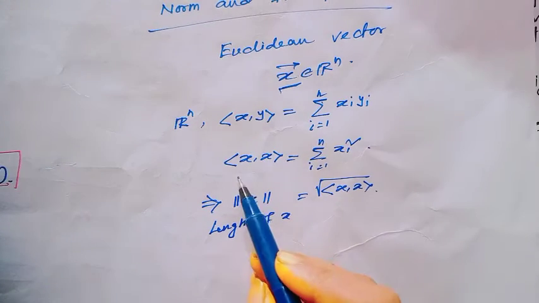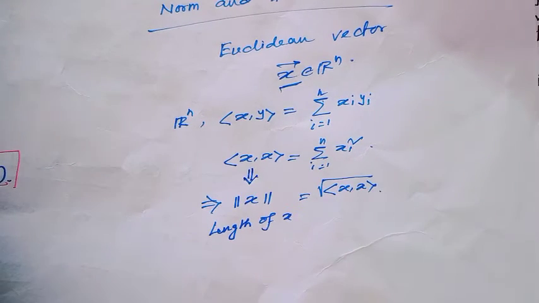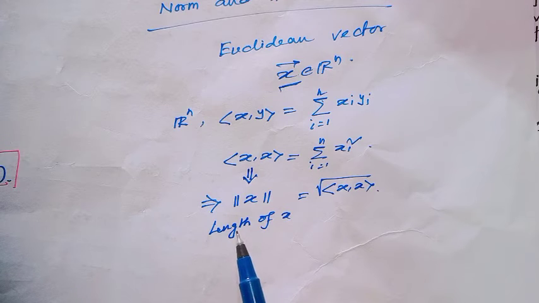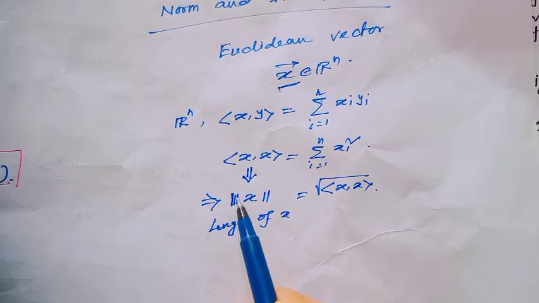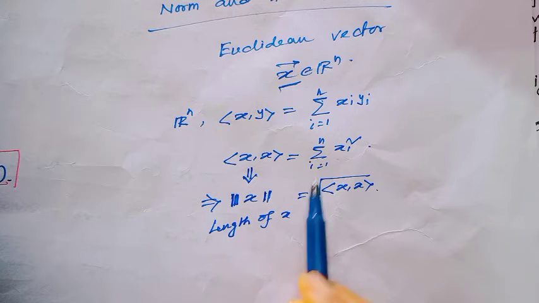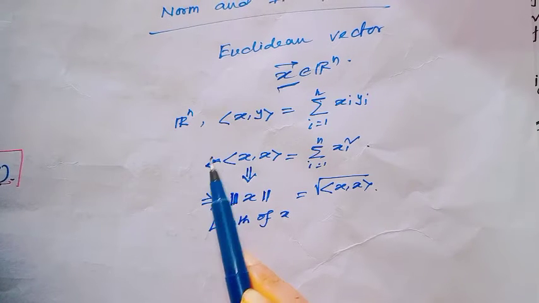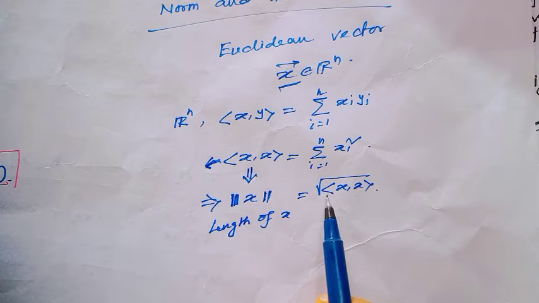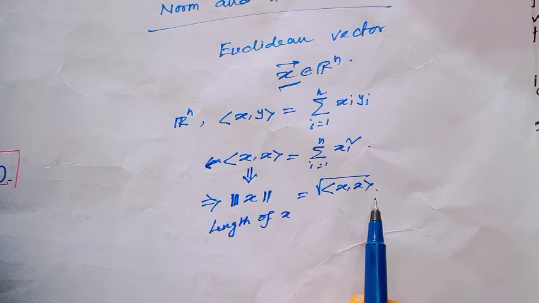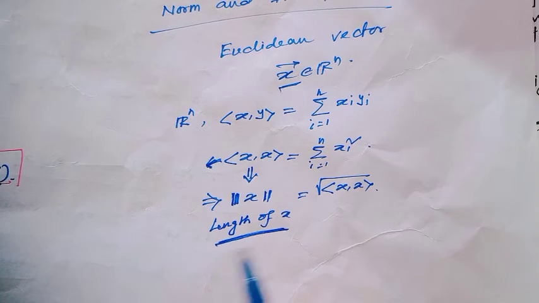Then this is actually the notion of the norm, which is denoted like this. Norm of x is defined as norm of x equals the square root of the inner product of x with itself. This is the actual idea of the length of x.